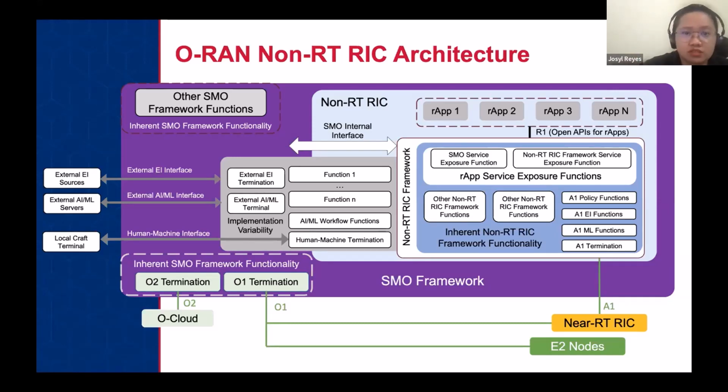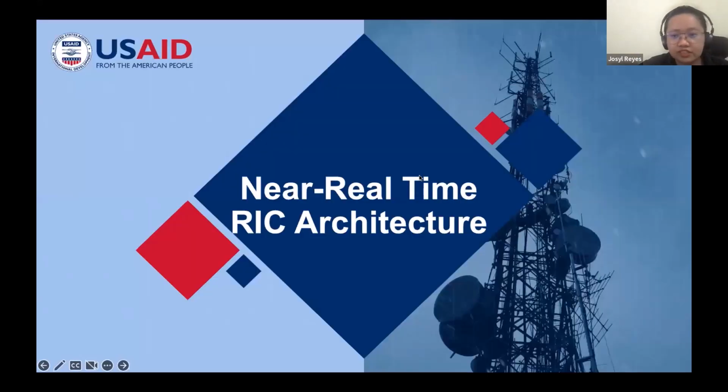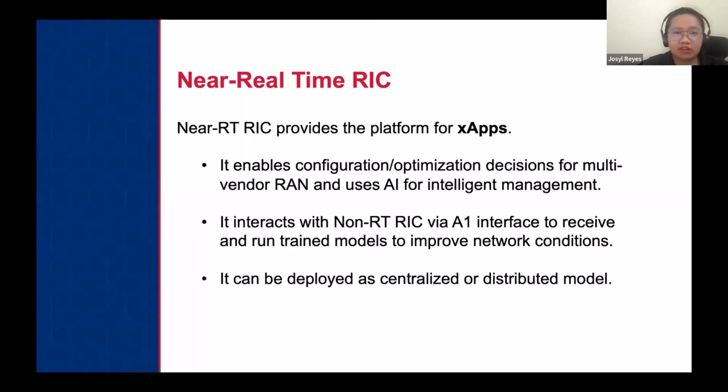Okay, for the near real-time RIC architecture, again, in near real-time RIC, this is the platform for X apps for configuration, optimization decisions for multi-vendor RAN, and uses AI for intelligent management. This near real-time RIC interacts with the non-real-time RIC via the A1 interface.